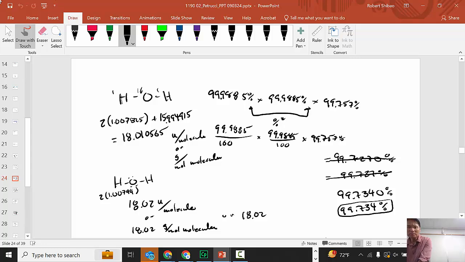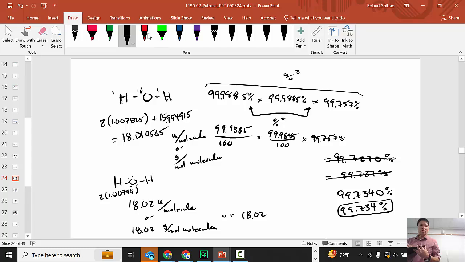So all 3 of these multiplied together will give you the units of percent cubed.